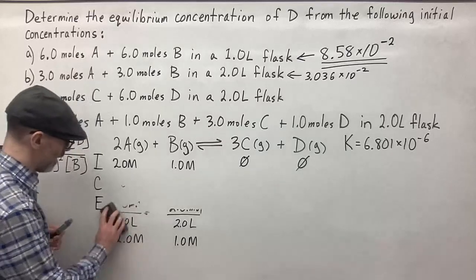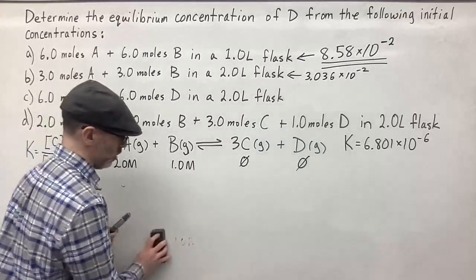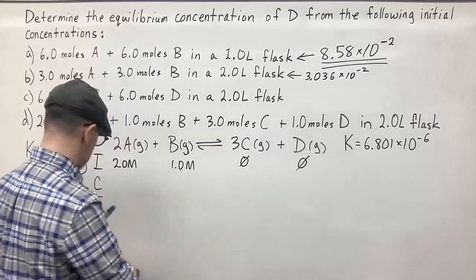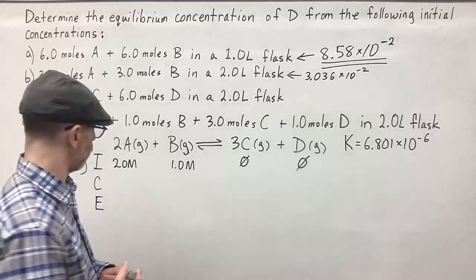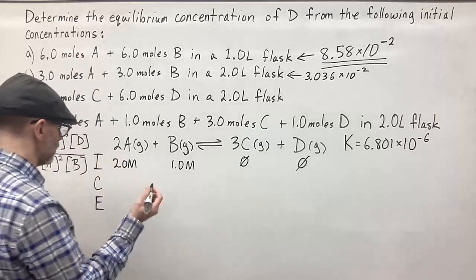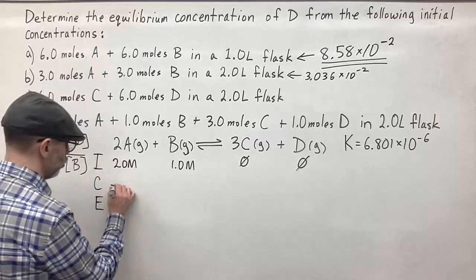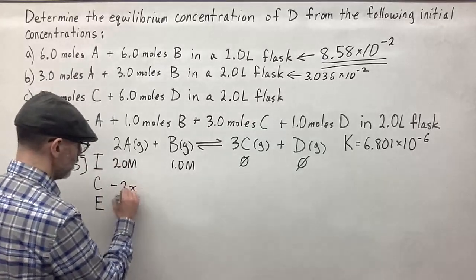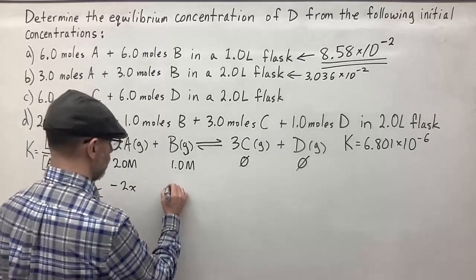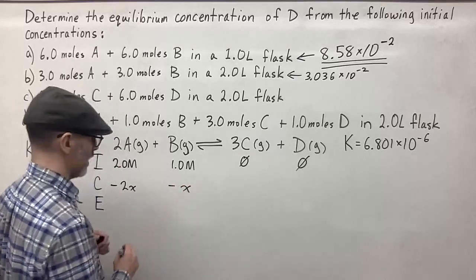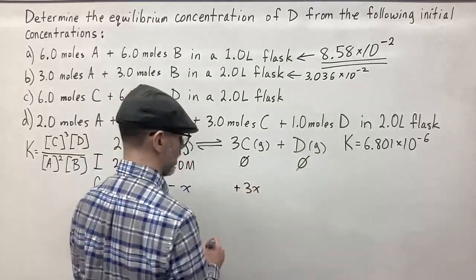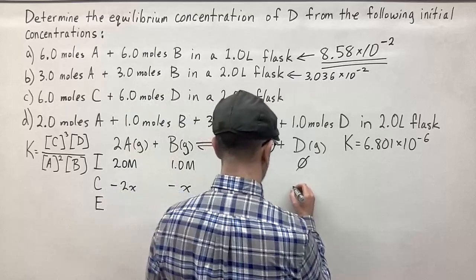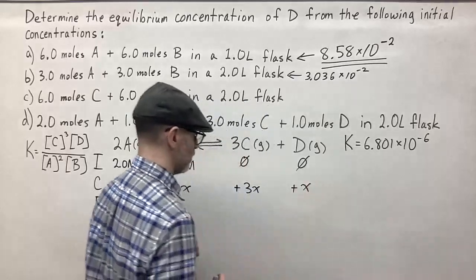Okay, so now I have this all ready to go for the equilibrium concentration table. So now, just as before, this is going to lose a 2x amount. This is going to lose an x amount. This is going to gain a 3x amount, and this is going to gain an x amount.